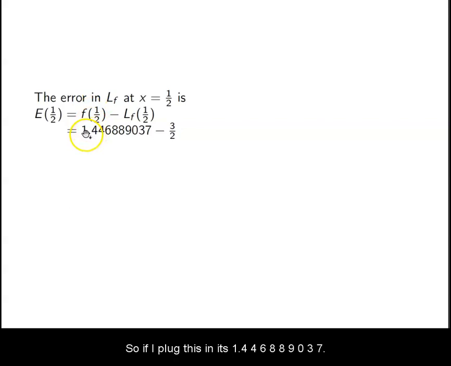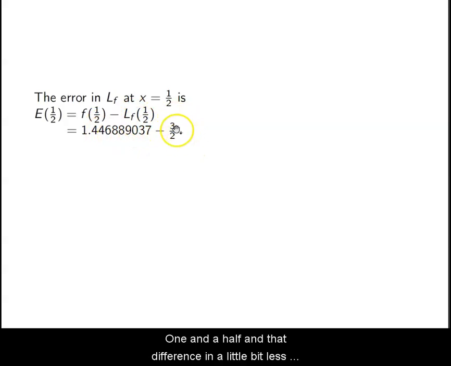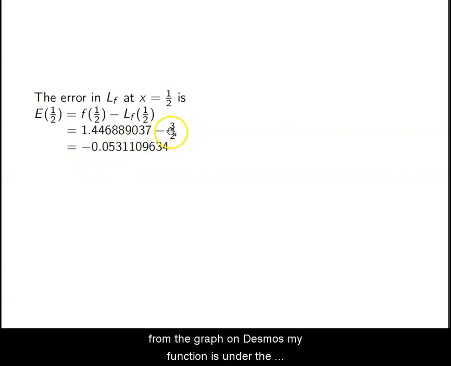If I plug this in, it's 1.446889037 minus 3/2, or 1.5, and that difference is a little bit less than zero, which makes sense because, as we saw from the graph, my function is under the tangent line. So it makes sense that the error is negative: my linearization gives me an overestimate. It'll be larger than my function value, so the error is negative in this case.